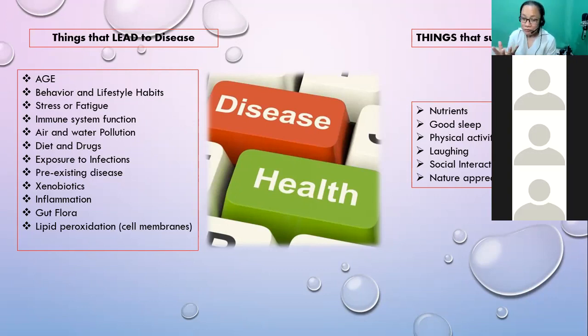Laughing, if you laugh, if you will notice, there are certain muscles in your respiratory and digestive system that work together to produce that laughter sound. Okay? If you laugh a lot, you are increasing your positive frequency, and you're also helping the vagus nerve to exercise.